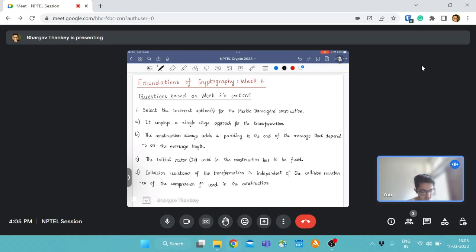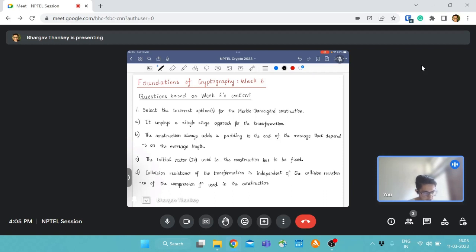The question is, select the incorrect options for the Merkle-Damgard construction. The options are: it employs a single stage approach for the transformation. The construction always adds a padding to the end of the message that depends on the message length. The initial vector or IV used in the construction has to be fixed.